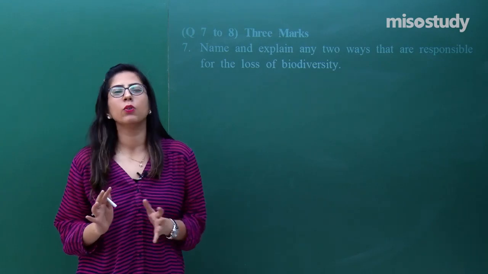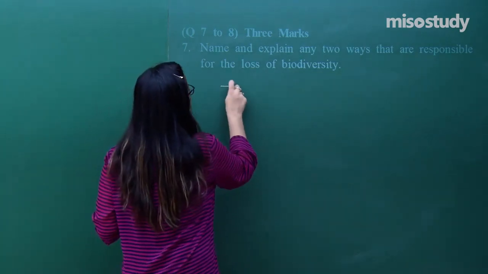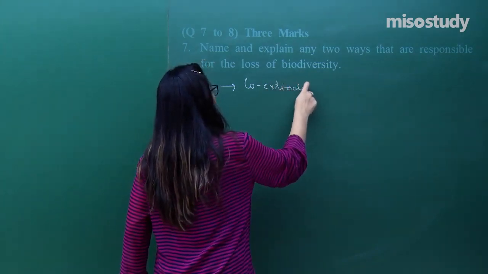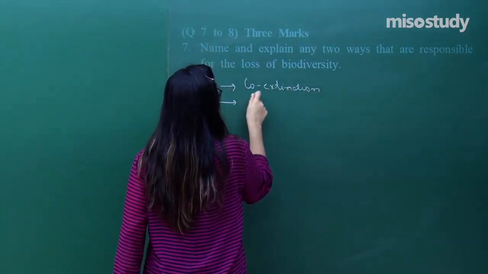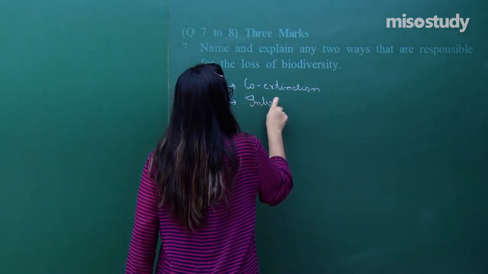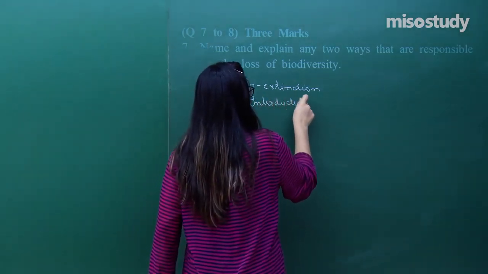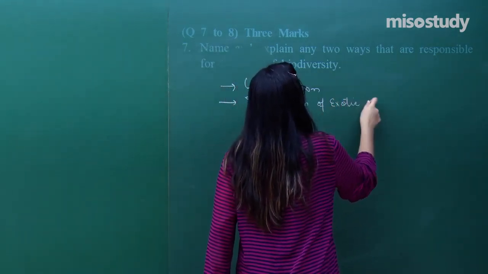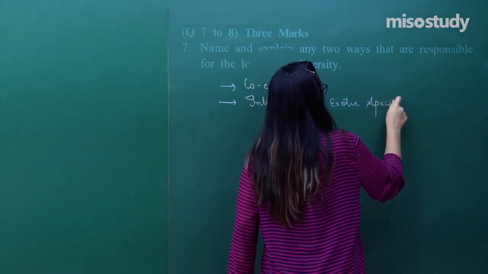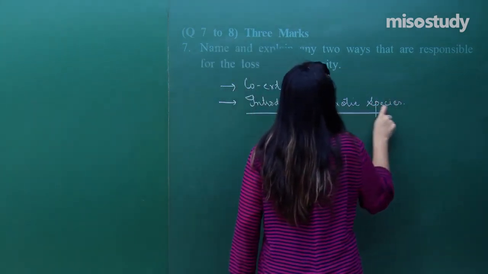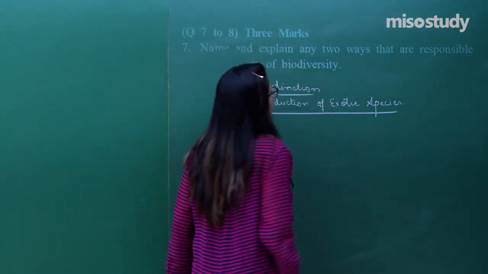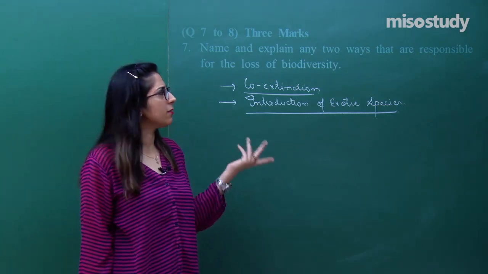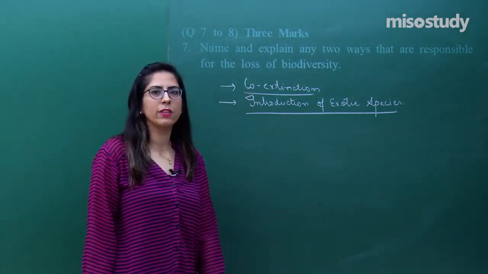In this question, you have to explain co-extinction and introduction of exotic species. Many other ways are also there, but you can explain any of these. So I have mentioned only 2.